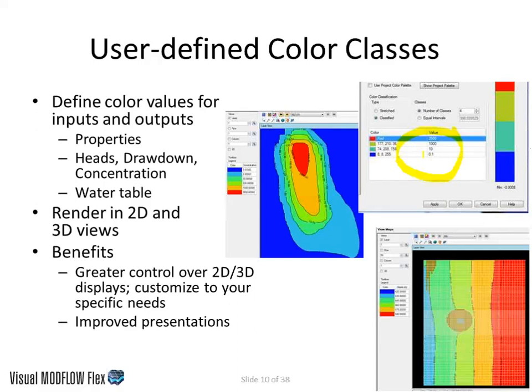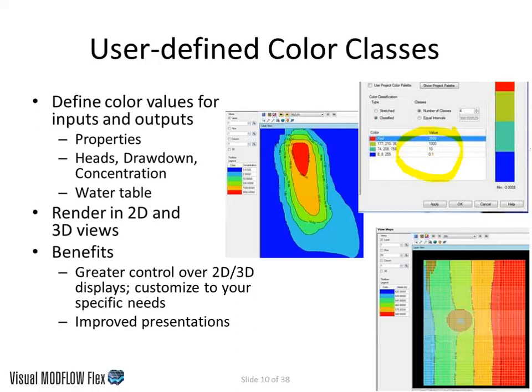Now what you can do is you can define your own color class values and the number of classes that you want to see. And so you can manually enter that to correspond to, for example, logarithmic values, or if you're looking at concentrations and you want to have those rounded off to local guidelines such as 10 milligrams per liter or 100 or 1,000 milligrams per liter, that's now possible.